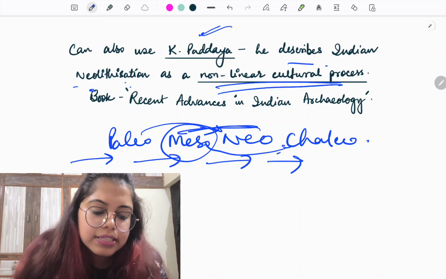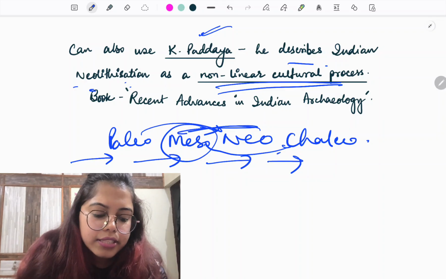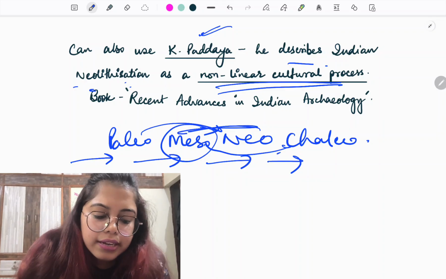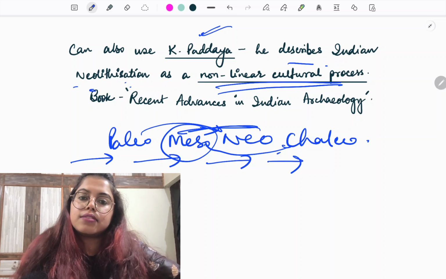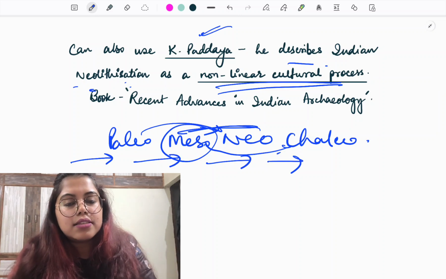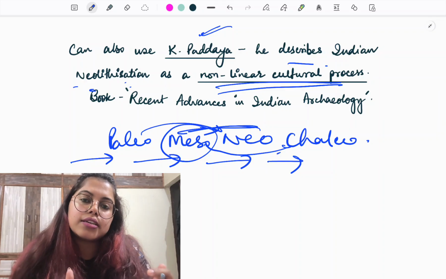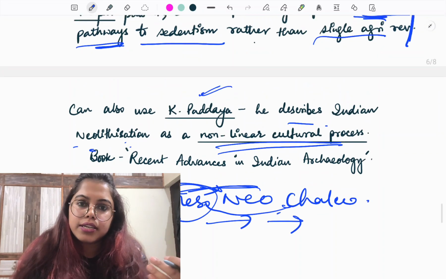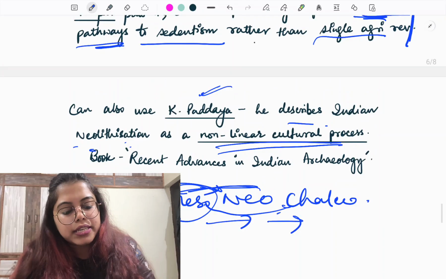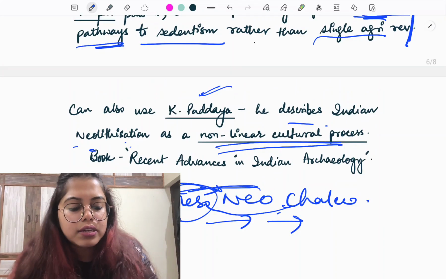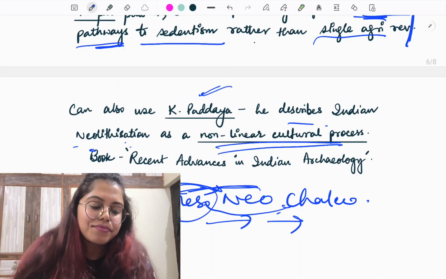Some Paleolithic tendencies even continue here. Neolithic age coexisting with this. So ये clear जो है one after another, that thing cannot be seen in many Neolithic cultures of India, regional Neolithic cultures of India. Okay, so that is what he means by saying non-linear cultural process.